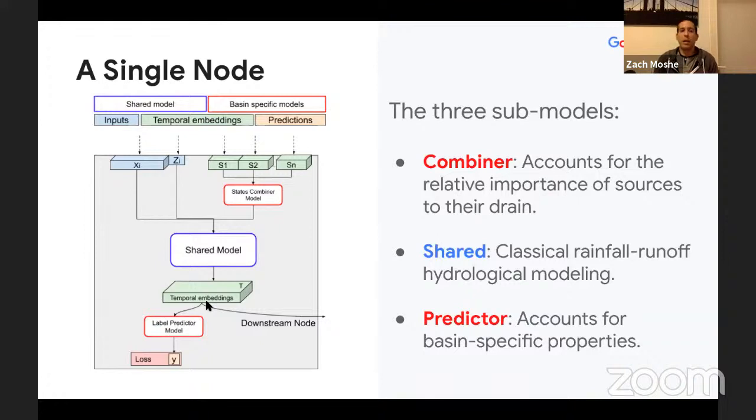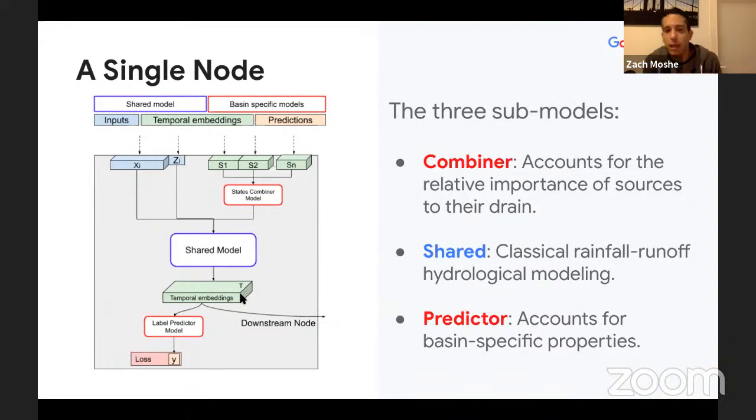It could also be snow accumulating in some areas. Everything that is important for the downstream node to take a better decision, or to predict itself in a better way, should be encoded in these embeddings. That's the responsibility of every basin: to generate its own temporal embeddings. So that would be a vector of size h over this axis, and t is the temporal axis.